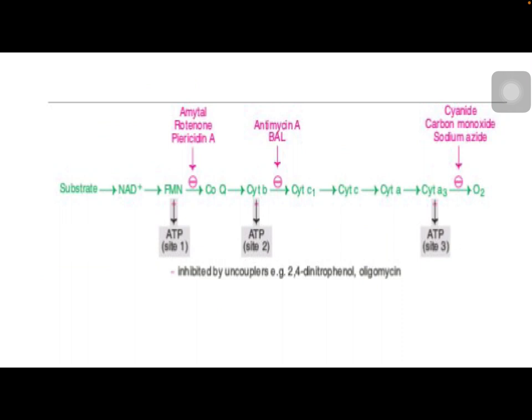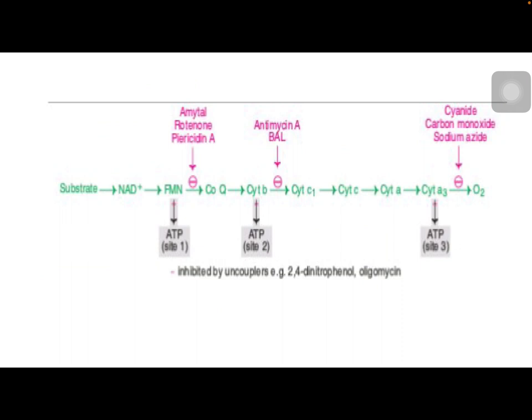These are the complexes through which the electrons are normally transported. As a result, from the substrate, electrons are transported to NAD and then to FMN. There ATP is produced, which is called site 1 ATP synthesis.